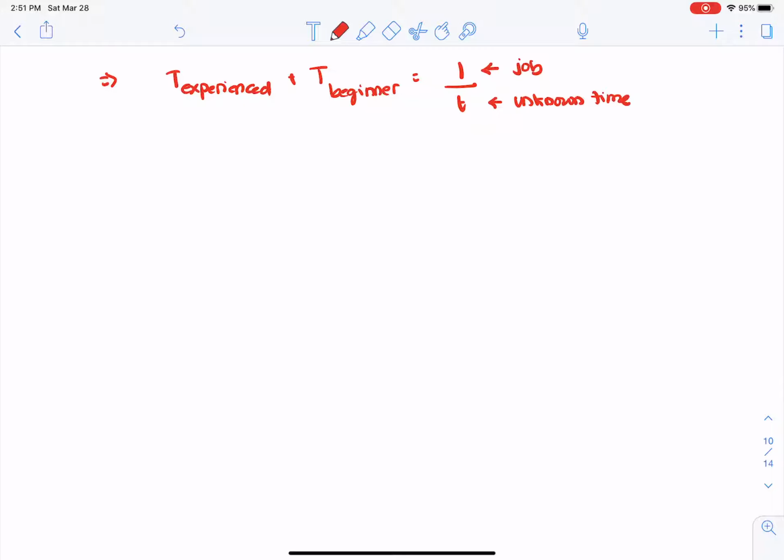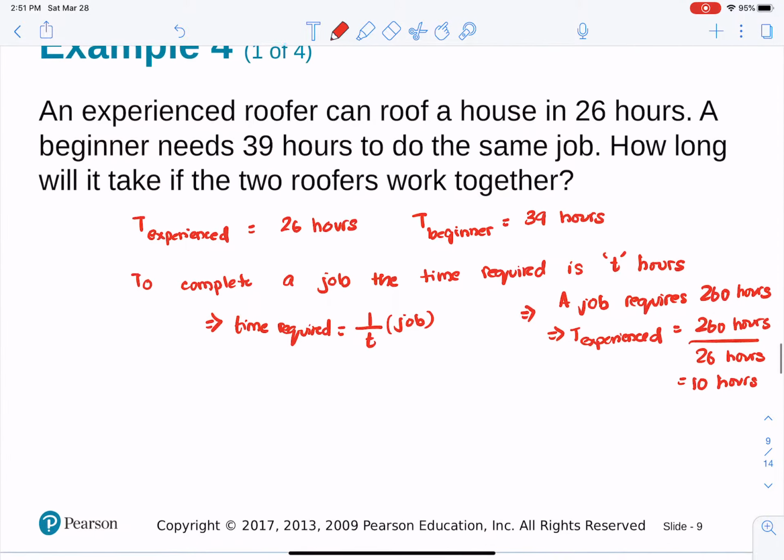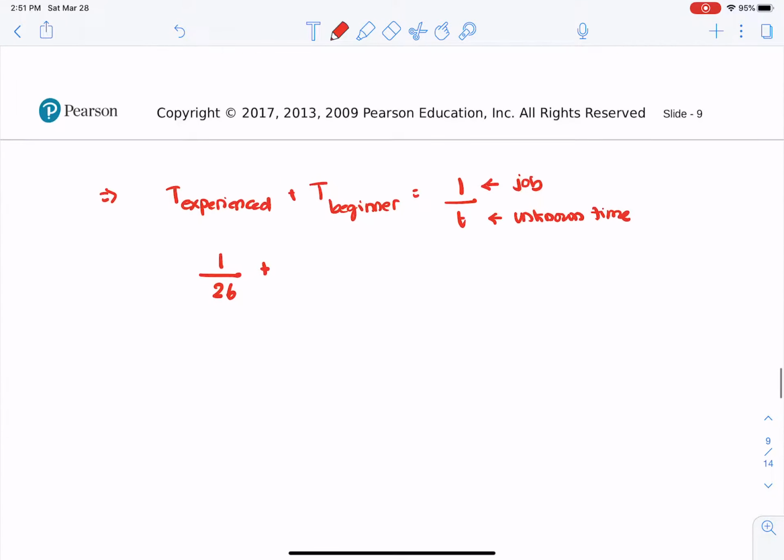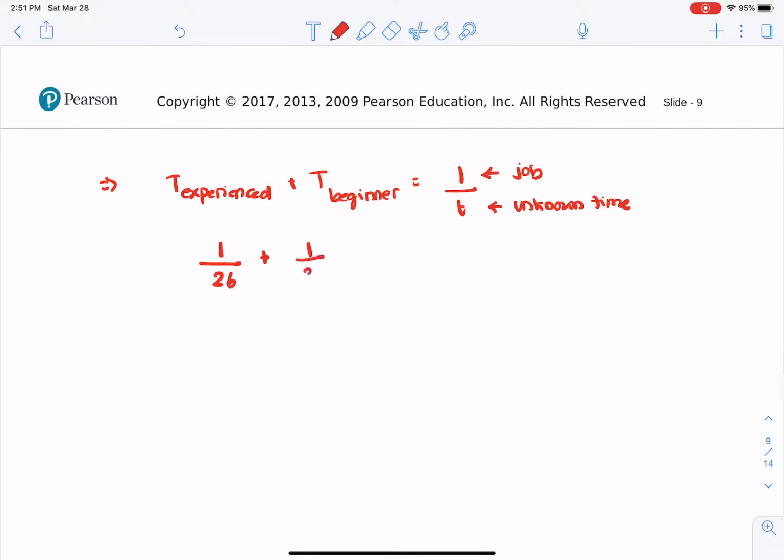So the experienced person would complete one job in a matter of 26 hours, and the beginner would complete one job in 39 hours. So those two would equal 1 over T.